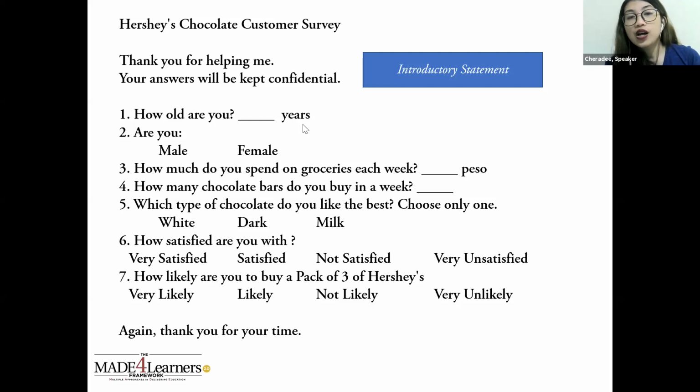Blank years. So why is it that in terms of age, some put a range, like 0 to 5, 0 to 6? The hardest part in putting range in the values is they become categorical data.